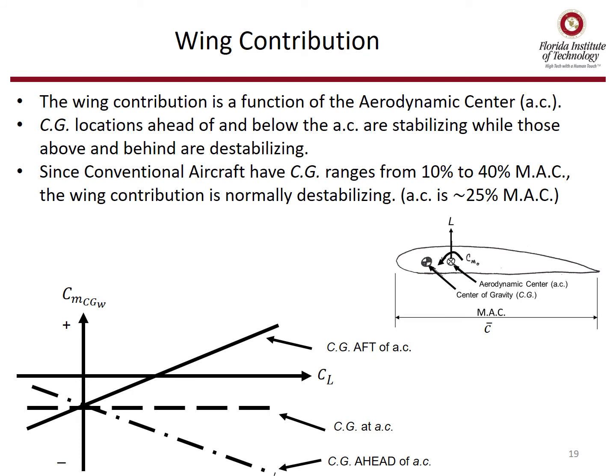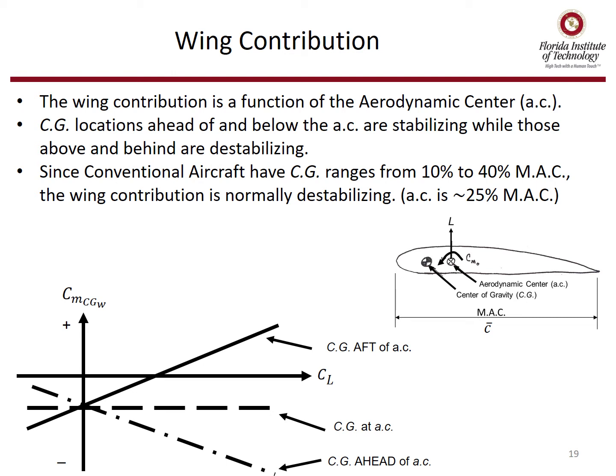The main wing generates lift at the aerodynamic center. At 0 angle of attack, it can also generate that initial pitching moment, Cm sub 0. And the aircraft will have a center of gravity based on where the baggage and the passengers and the other equipment are. The center of gravity moves. It can move from as little as 10% of the mean aerodynamic chord to 40% of the mean aerodynamic chord.